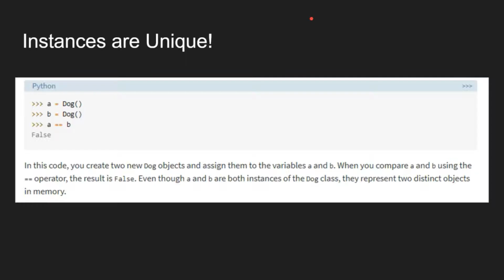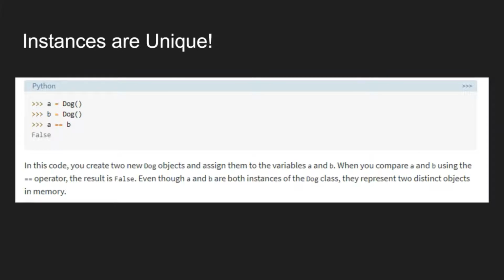A quick side note, instances are unique. So here we have a class, it doesn't really matter what's in it, but we have a Dog class. And say we set the variable a to be an instance of Dog and b to be an instance of Dog. Even though the things on the right side of this equal sign are the same, you might think these two variables are the same, but they actually aren't, because they're two unique instances of the Dog class.